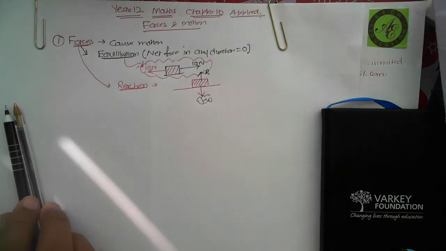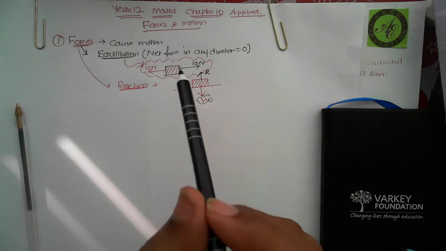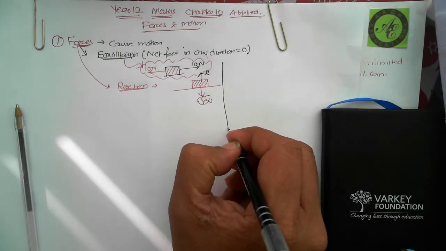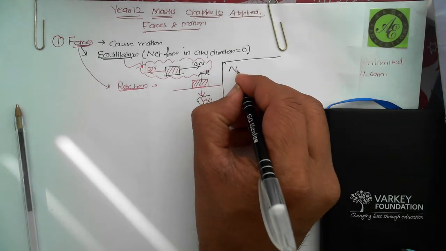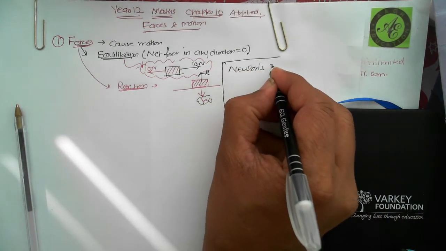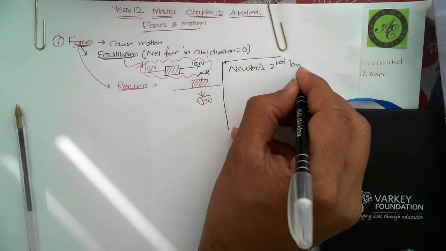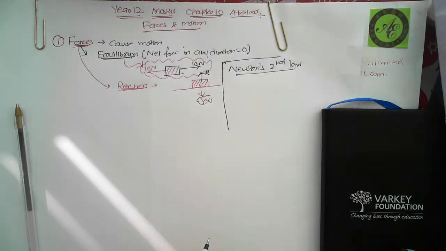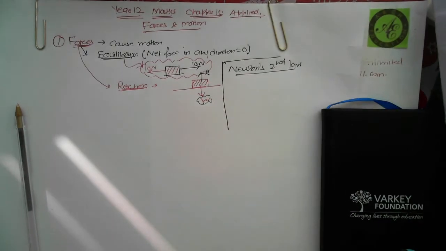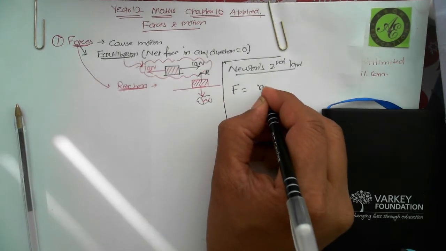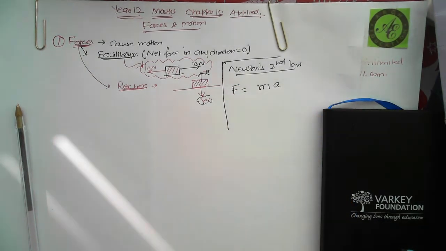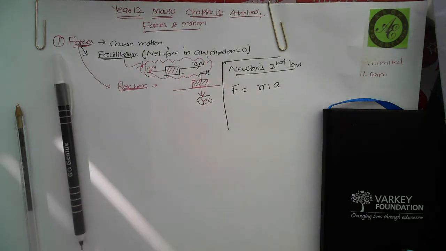Okay, so we'll discuss some of the things later, but important thing which I would like you to know is, ladies and gentlemen, this is Newton's second law. In the textbook it is called the motion due to force, and it says F equals ma, where these letters have the obvious meanings.